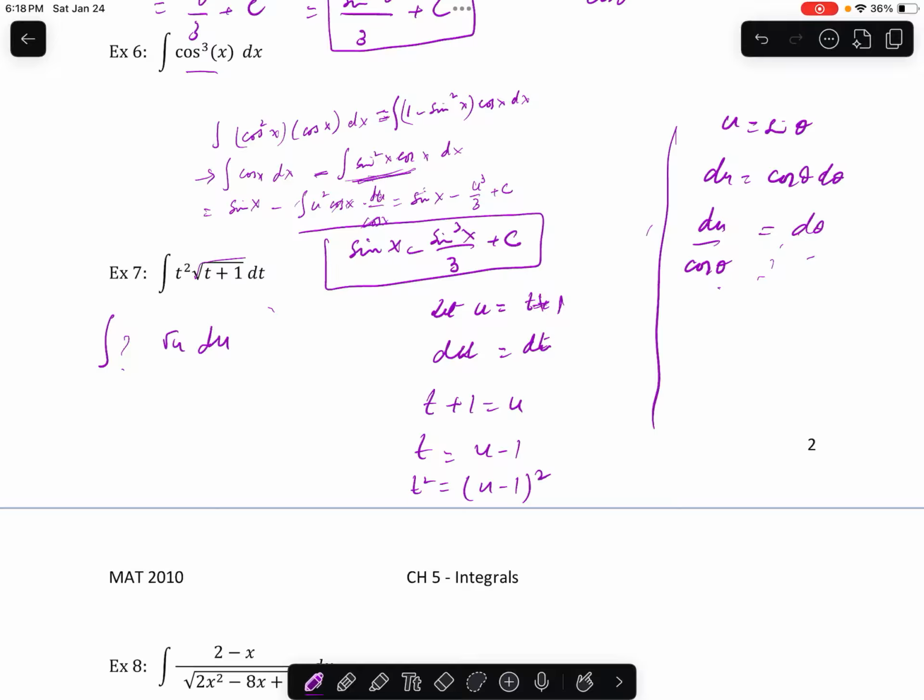So using this idea, we can replace the t squared by this quantity.